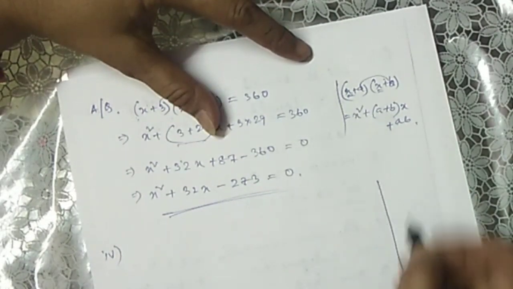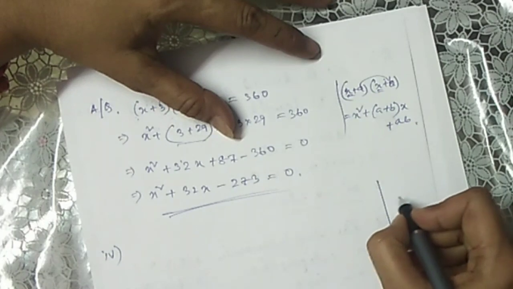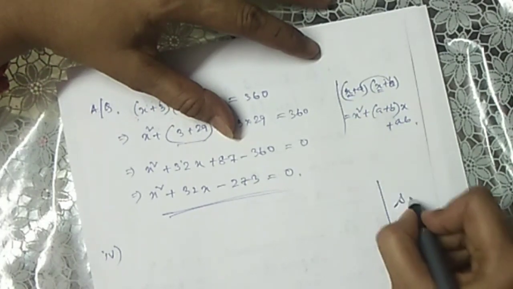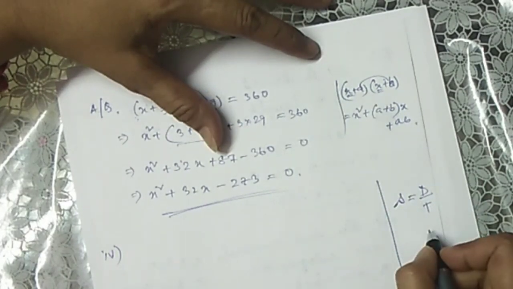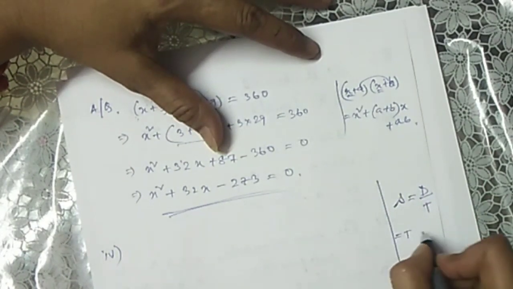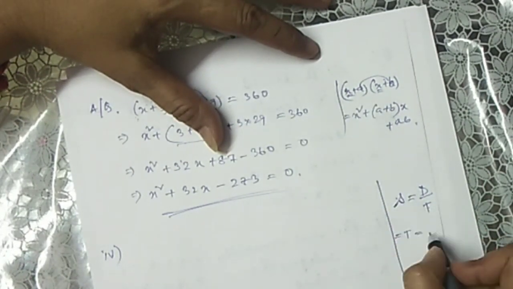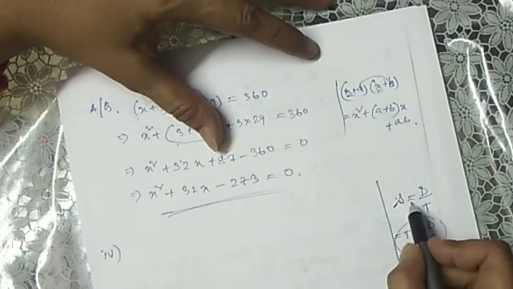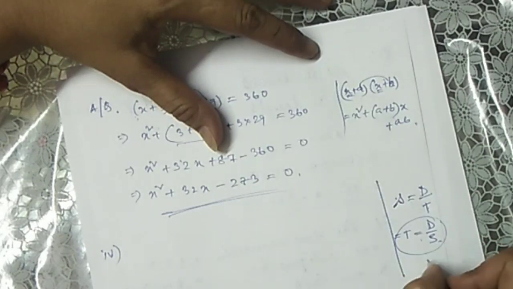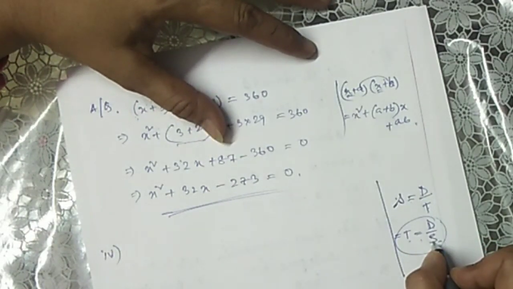So, here the formula we use is related to science. Speed is equal to distance by time. From there, if you simplify, time will come as distance by speed. We will use this form, time is equal to distance by speed.